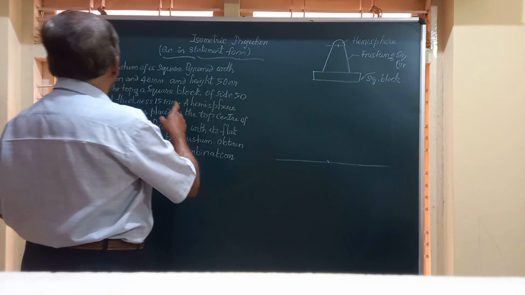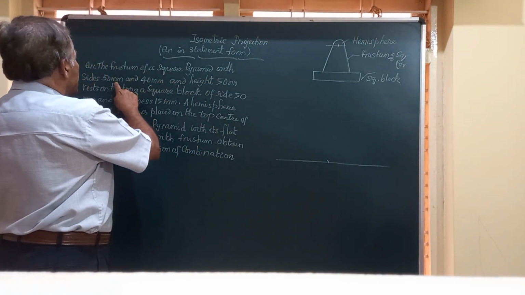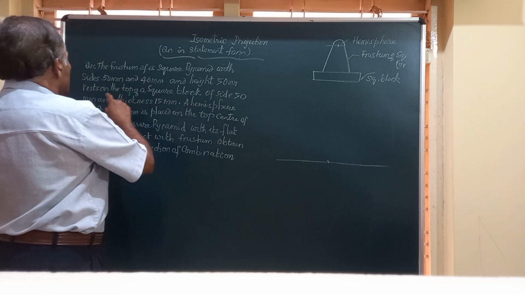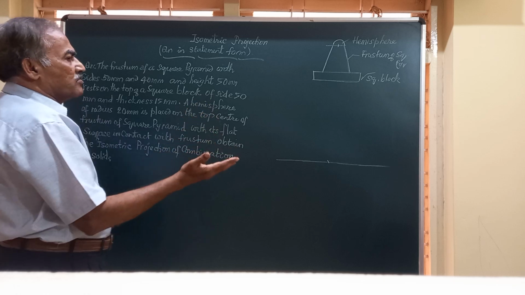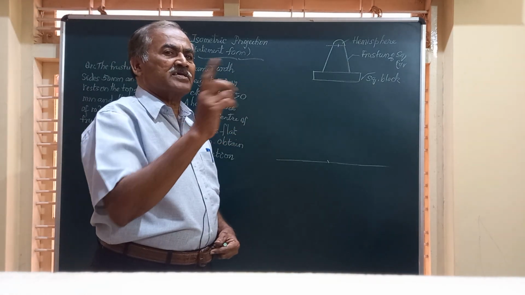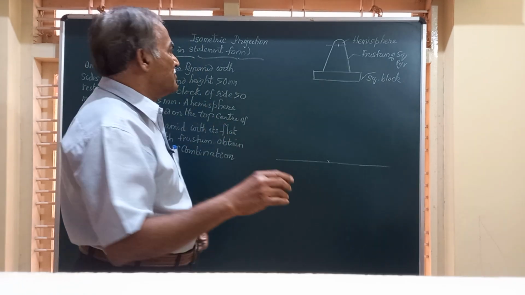The question reads like this: the frustum of a square pyramid with sides 50 and 40 and height 50 rests on the top of a square block. So there is a square block. On the top of that rests the frustum of a square pyramid whose dimensions are given.